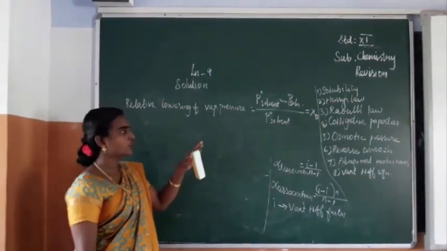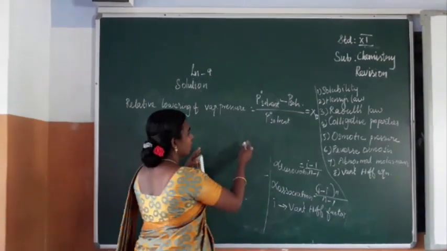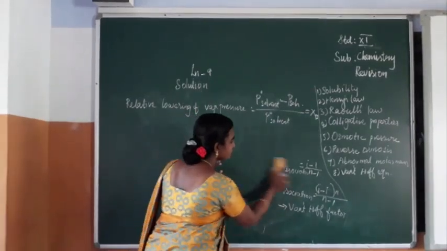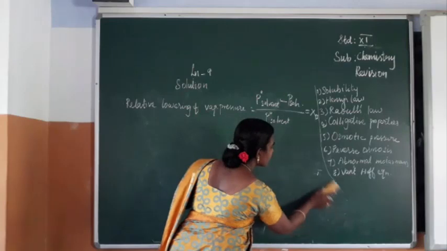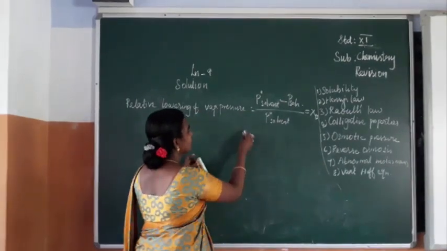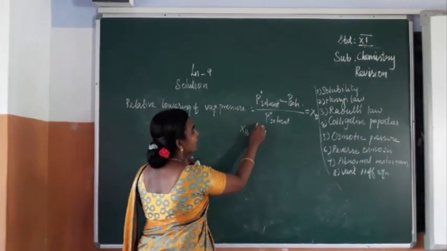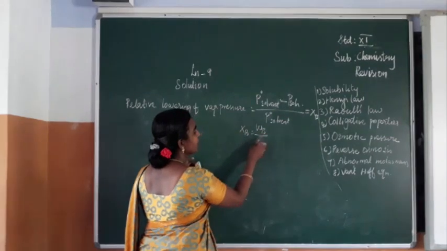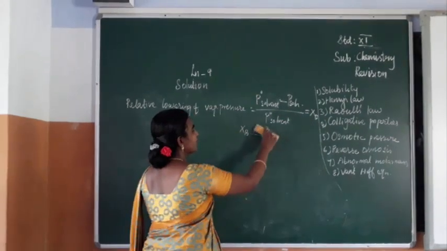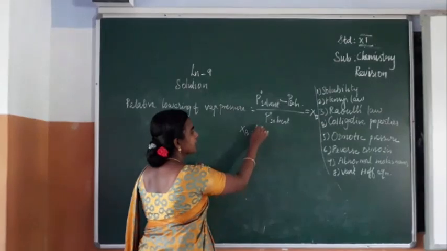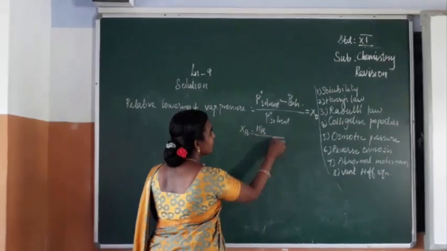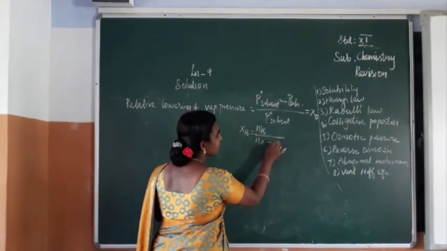XB is equal to NB divided by NA plus NB.